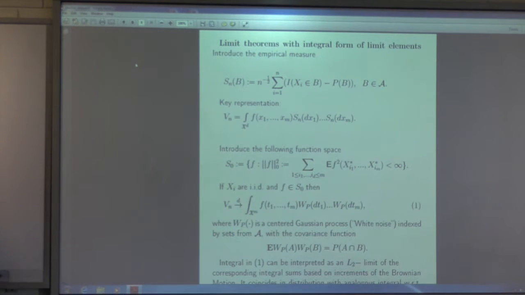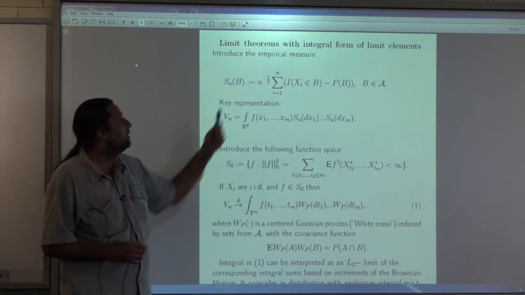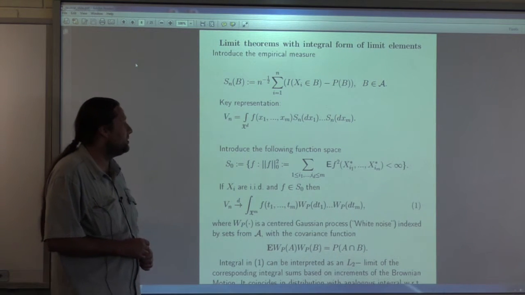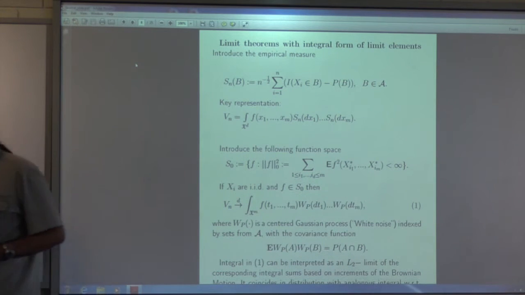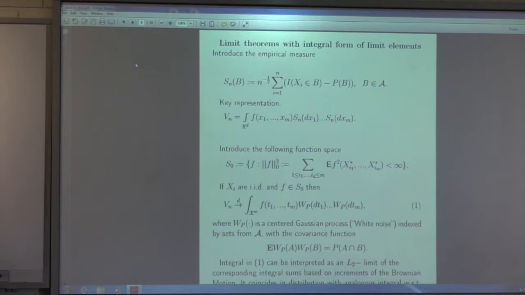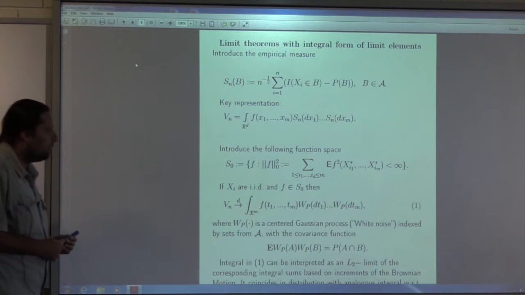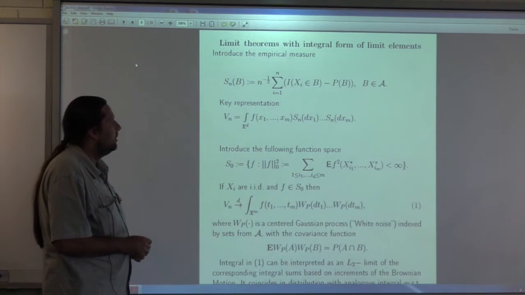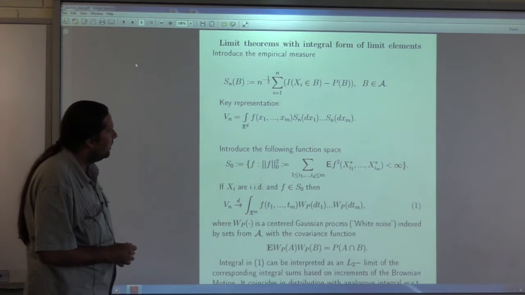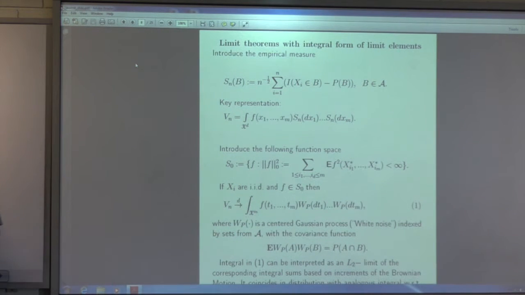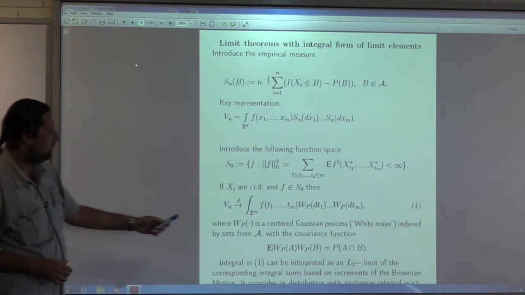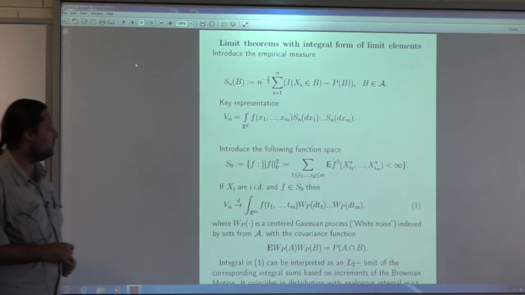It is known from the theory of random processes that for such empirical measures there exists a limit element, and it is a Gaussian centered process called the Brownian bridge, which is in its turn a linear transformation of the white noise Gaussian process.